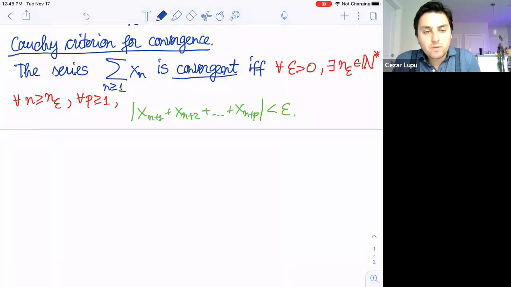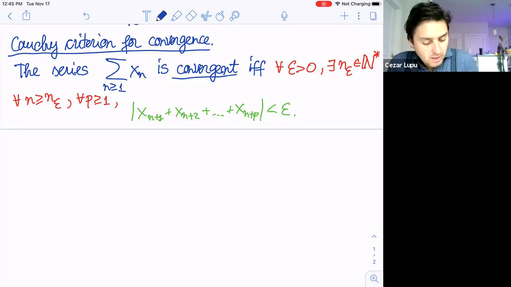If I'm dealing with a convergent series, then I just look at the first n terms as n is very large, and I don't care about what happens to the next ones. So the ones after xn, so xn plus 1, xn plus 2, up to xn plus p, I neglect them. I don't care about them. When I add them up, they're less than epsilon. So basically, they're nothing. They're small enough.